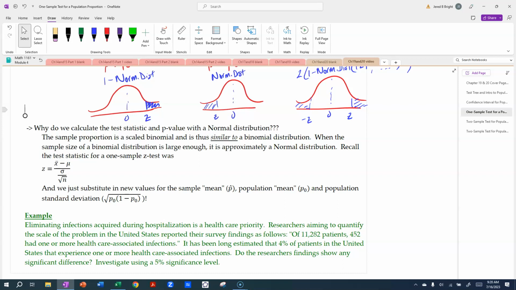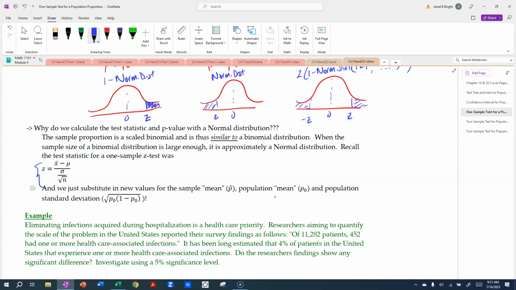And then when you get a binomial distribution with a large enough sample size, then it's approximately normal. So we're doing a bunch of approximating. Under certain conditions, and the problems you encounter all meet those conditions. So it's fine for us, but theoretically, there are some details that we need to attend to. And so since our test statistic for the one sample z-test was this, we can actually use this form here when we're testing a one sample test for proportions.